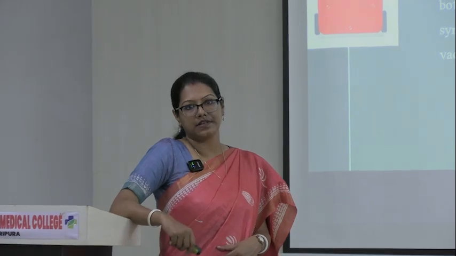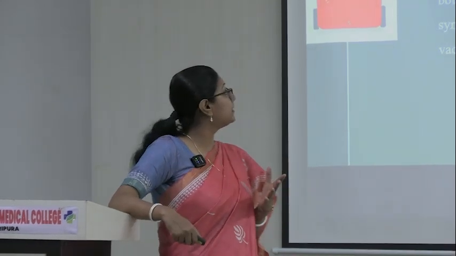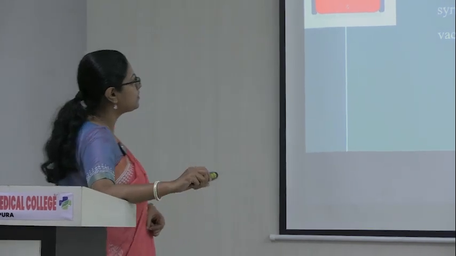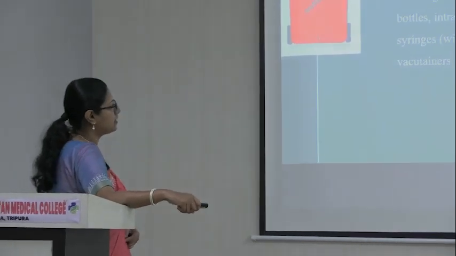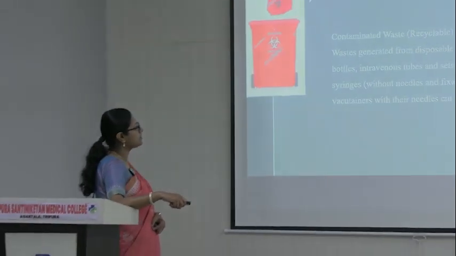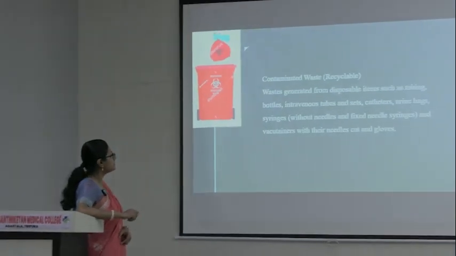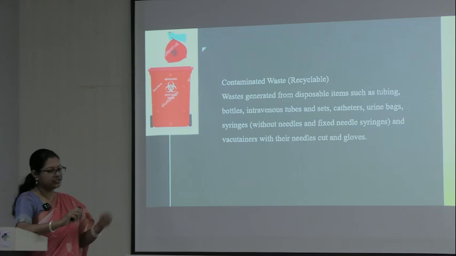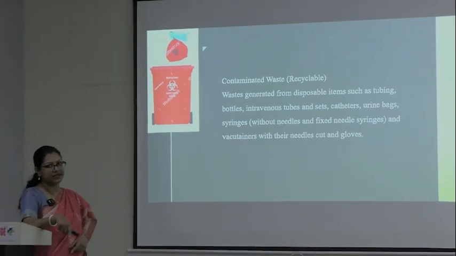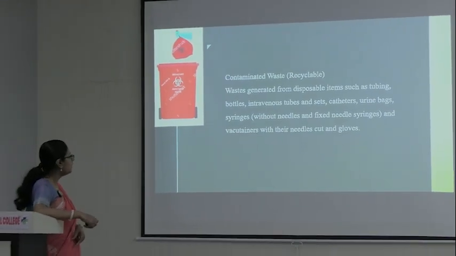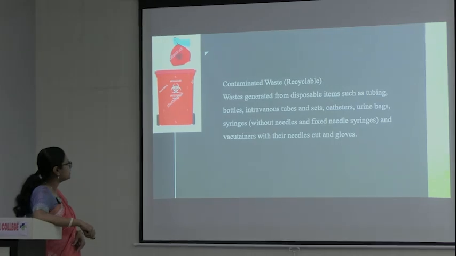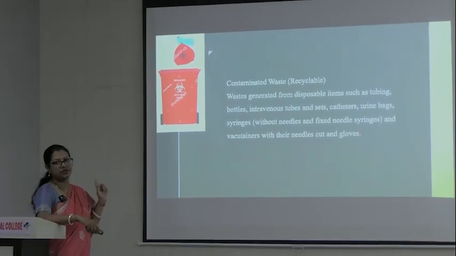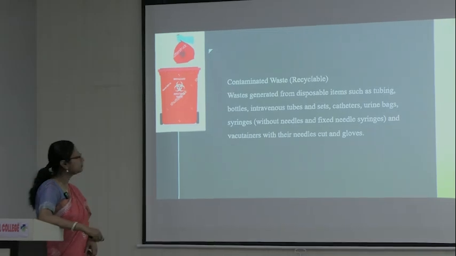Then comes the red one, for contaminated but recyclable disposable items: tubings, bottles, IV tubes, sets, catheters, urine bags, syringes without needles, not the sharp one. The sharp needle will go into the white container. And vacutainers with their needles cut, and gloves. Surgical gloves also will be thrown in the red bins.